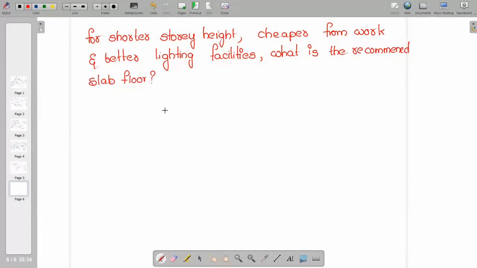Can anyone tell me what is the answer? Sir, see, for shorter story height, cheaper formwork, and for better lighting facilities, we will go with flat slabs.